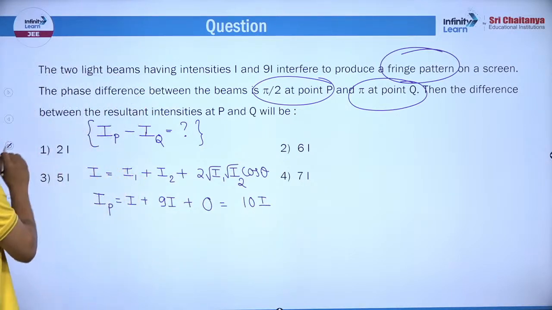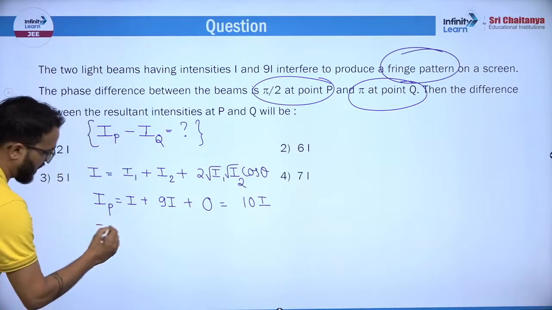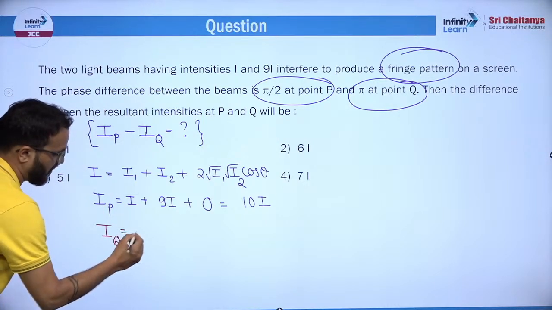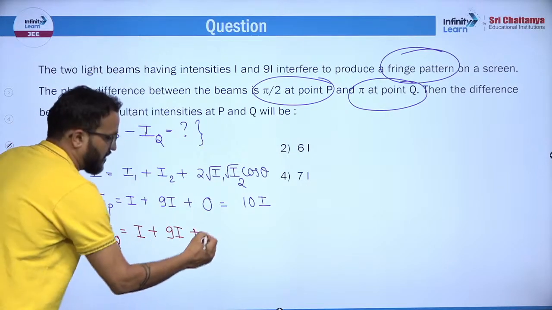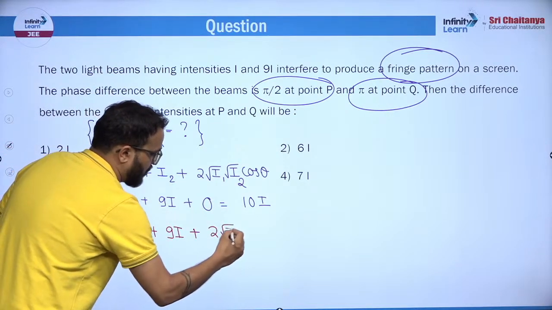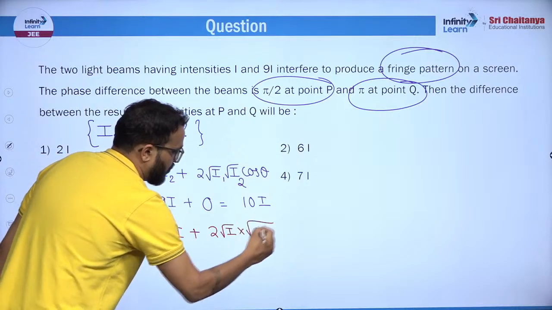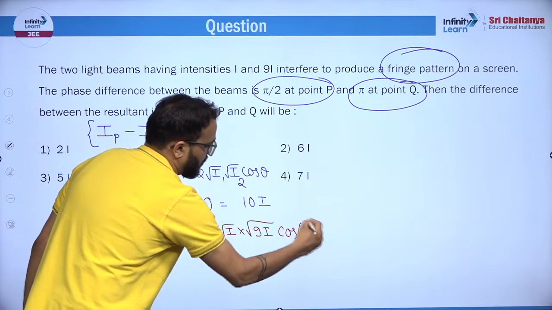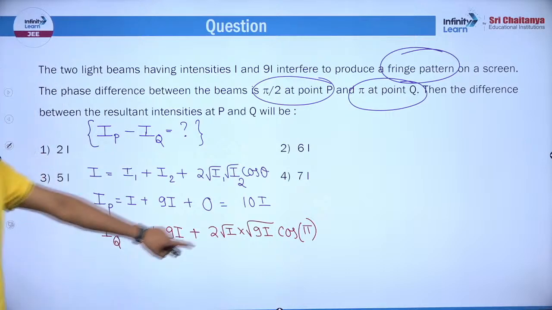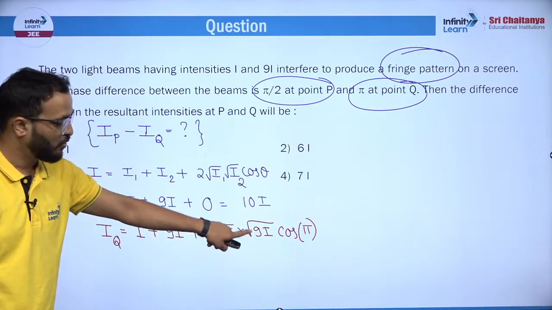Now, if I take the second case, that is I_Q. So it will be I plus 9I plus 2 times root I into root 9I into cos of π. And what is cos of π? Cos π is minus 1. Now, root I into root I will be I, root 9 is 3.